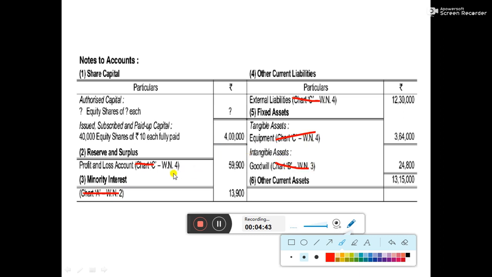As I am showing you the working notes, you just have to mention how this figure is coming: how the minority interest is coming, how the external liabilities are coming, how the equipment, goodwill and other current liabilities are coming, with the help of working notes. The working note amounts will be directly shown in notes to accounts, and you have to mention the appropriate working note.